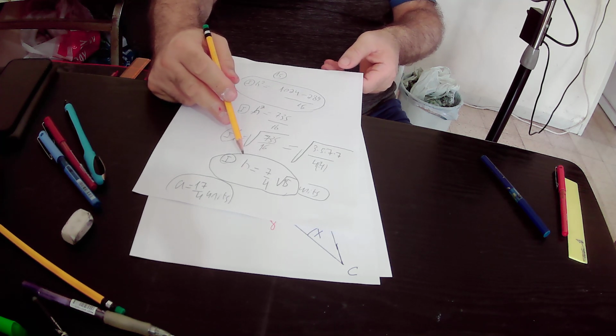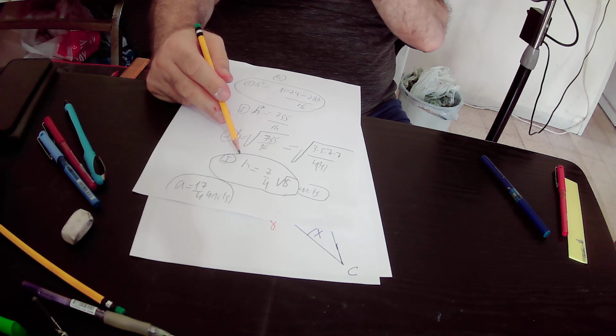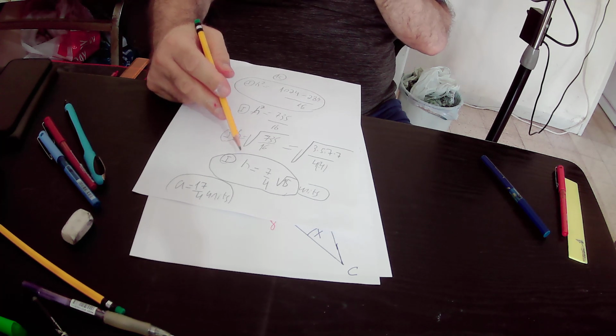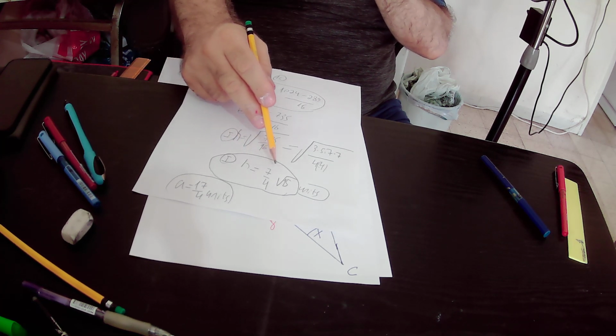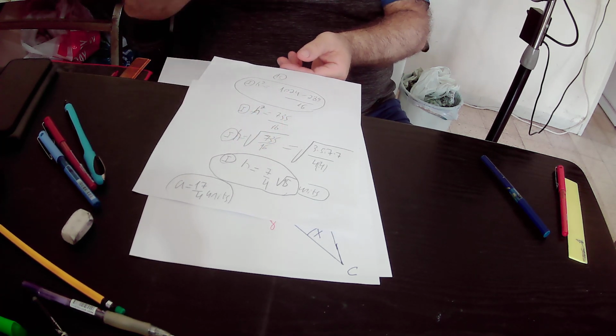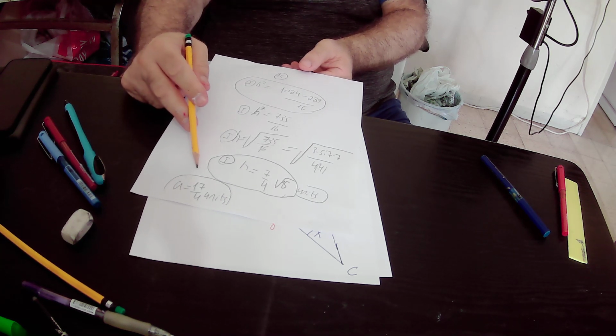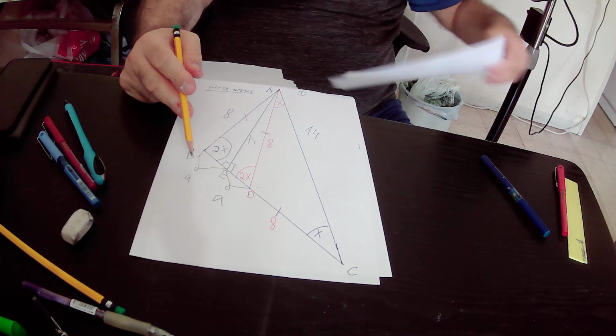You should remember that we have already found out the value of H. So the only thing that is left is to substitute H by its value, 7 over 4 times root 15, and we already know that A equals 17 over 4 units.